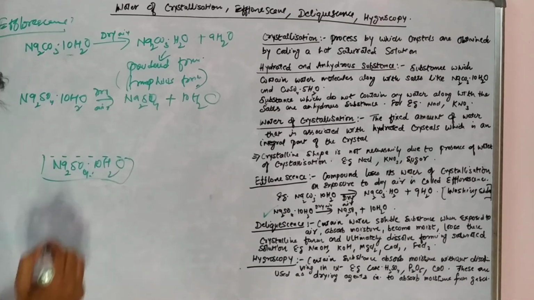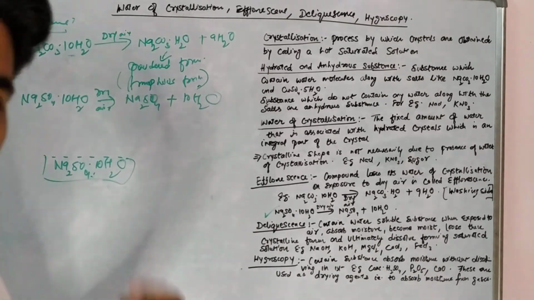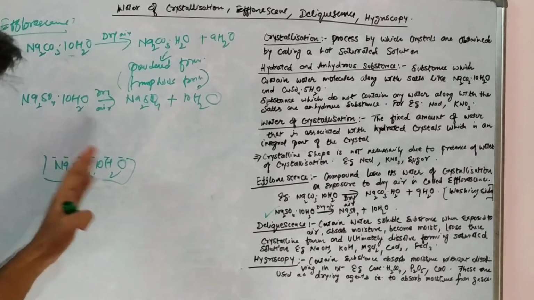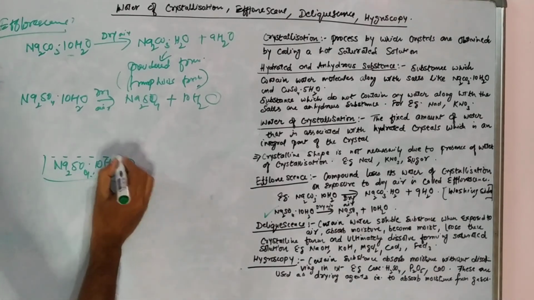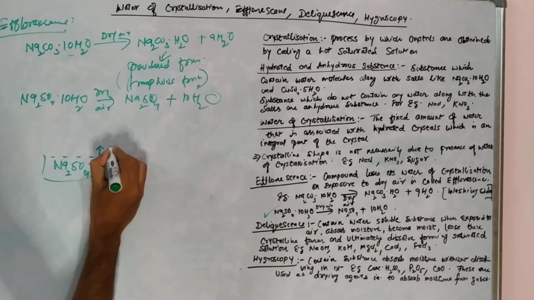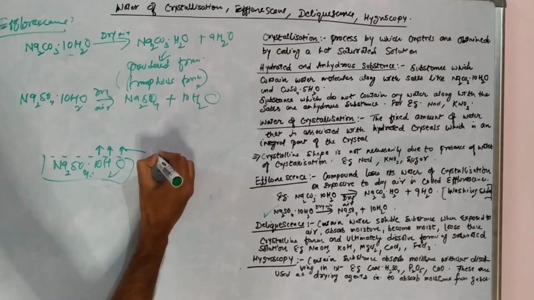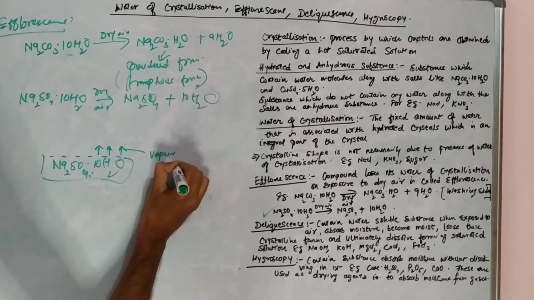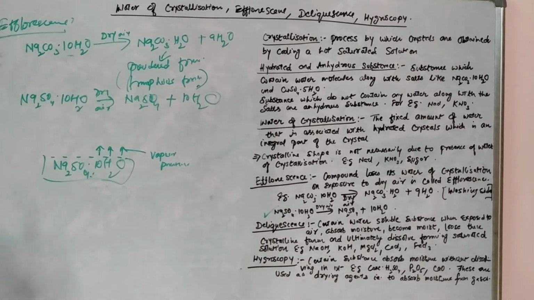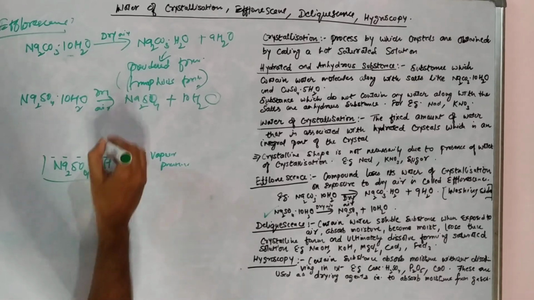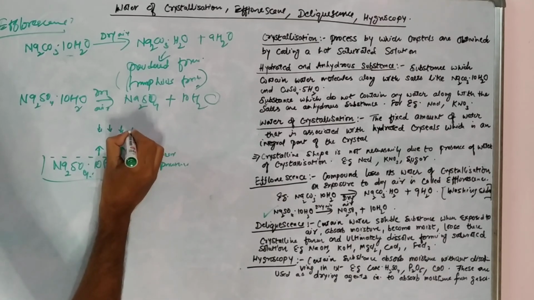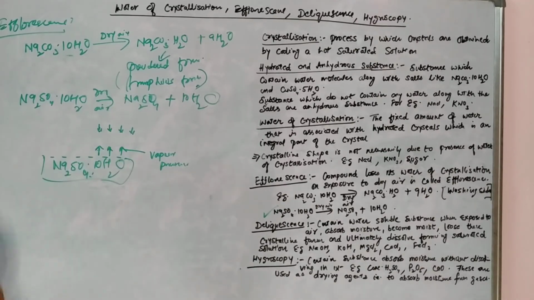So this water will have some vapor pressure, since this is water in it, right? Water vapor. So these water molecules will have some good vapor pressure, and since this is kept in air, air will also have some vapor pressure that it will exert on this salt, right?